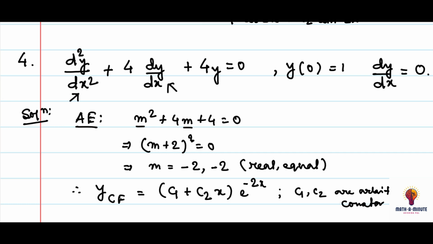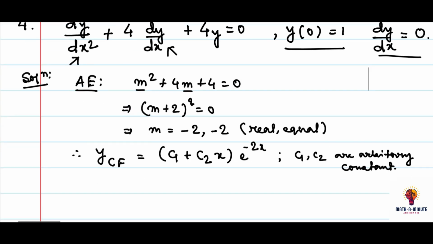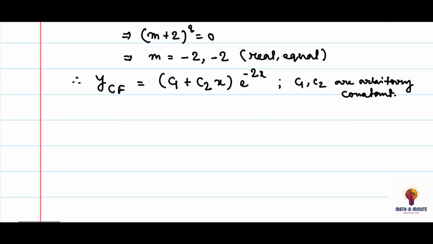But here, they give this equation with two initial conditions. So try to first understand the initial conditions. The first initial condition is y of 0 equals 1. The meaning of this initial condition is that when the value of x equals 0, then the value of y equals 1.